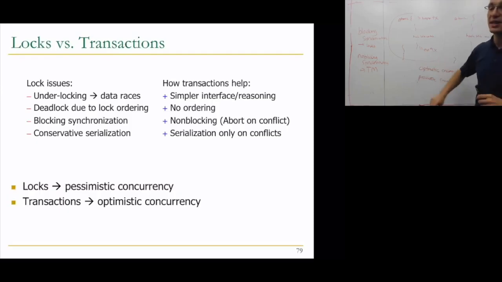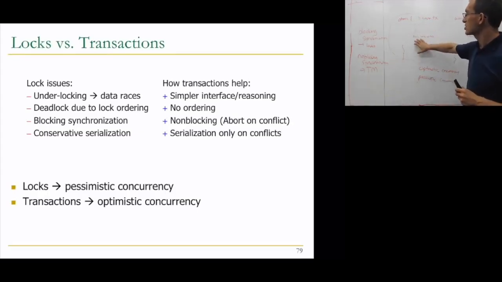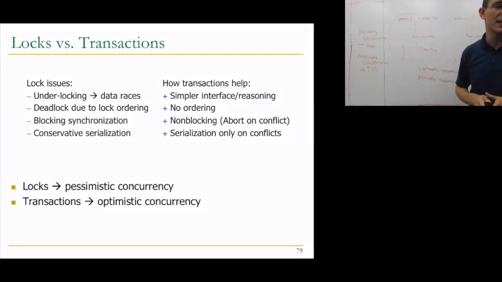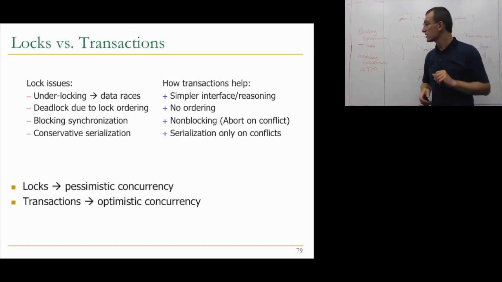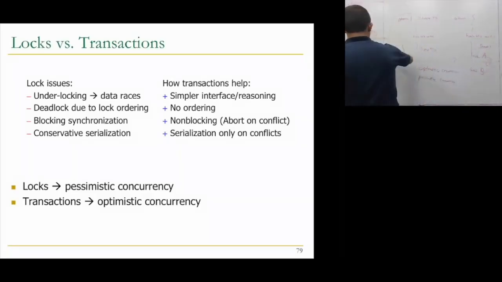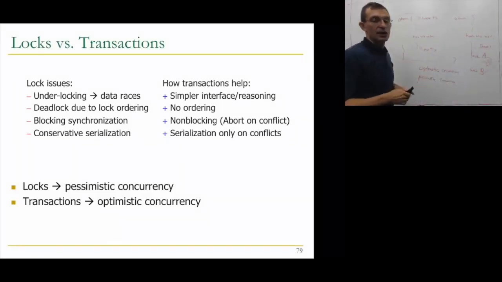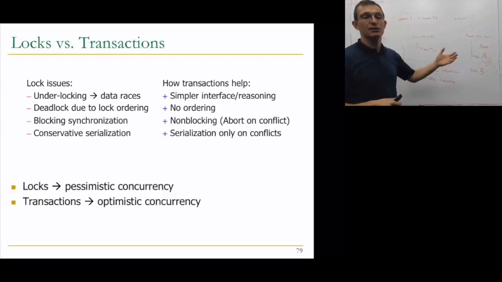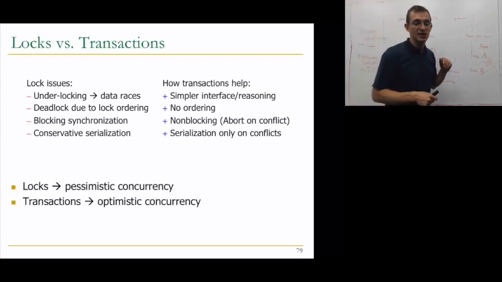Right? Basically, whenever there's a conflict, one of the transactions aborts, and the transaction is executed optimistically, as we've discussed. And finally, locks have conservative serialization. They have forced serialization all the time, whereas for different instances of the same critical section, they're conservatively serialized even though serialization may not be necessary dynamically.